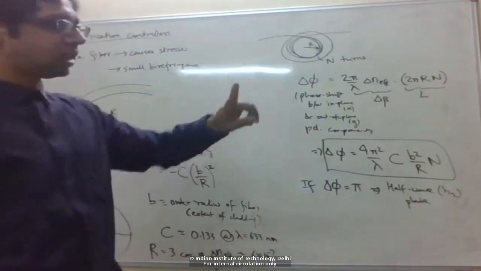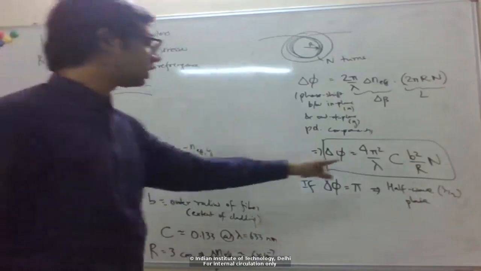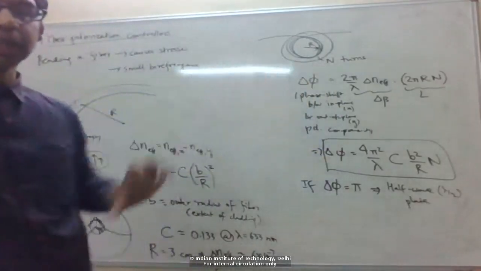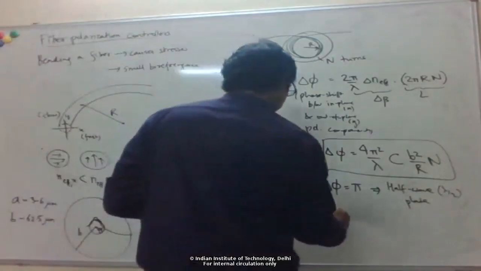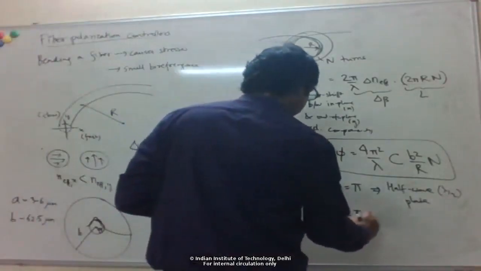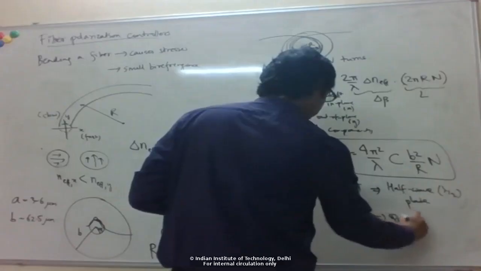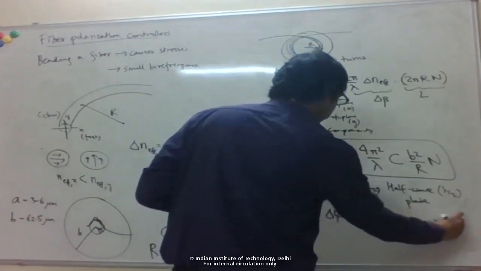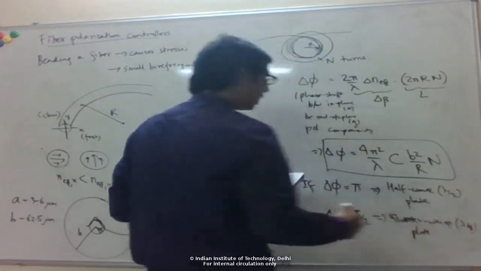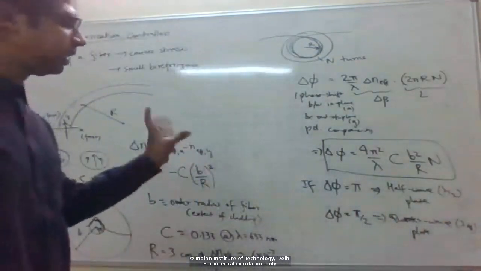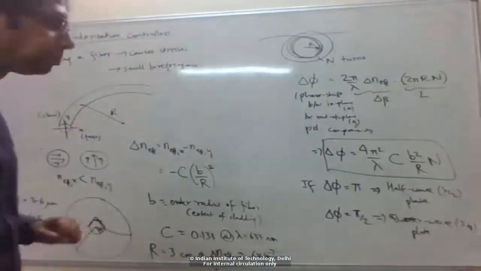If you want to rotate it along some other direction, you can use a half wave plate placed at the right angle. If this phase difference is pi by 2, then it acts as a quarter wave plate, and quarter wave plates can be used, for example, to change linear polarization to circular polarization or back.